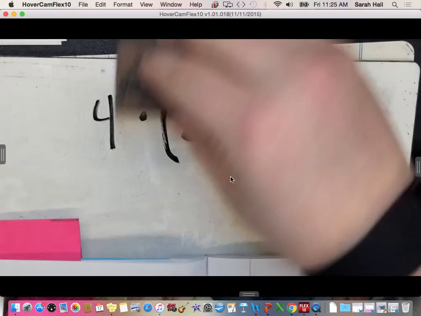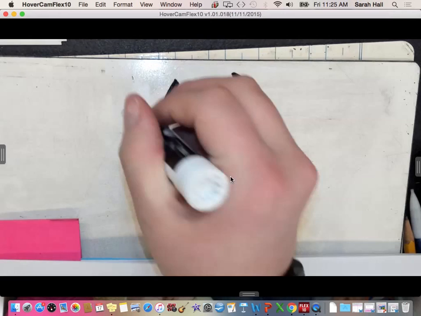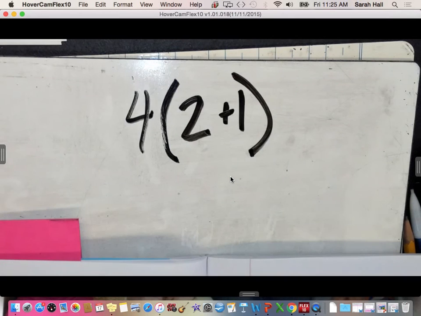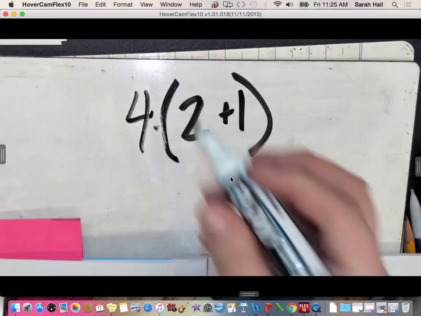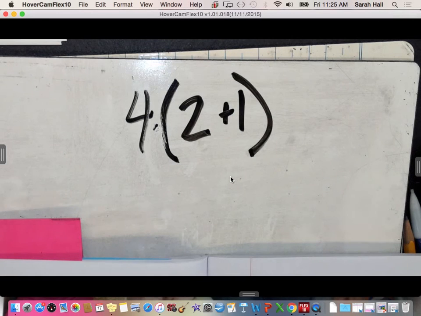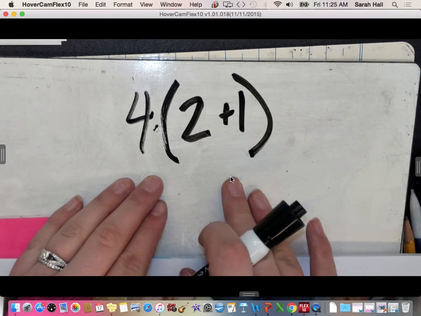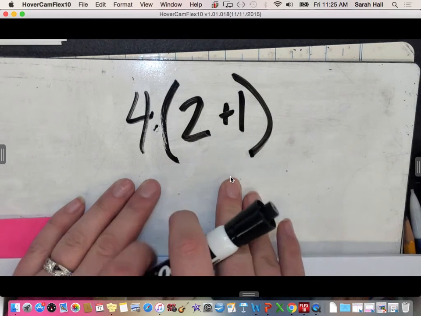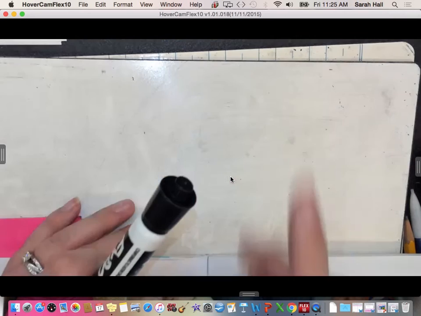Yes. What does it mean when it's right next to the parentheses? It means to multiply. So if they have 4 times parentheses, that's the same as just having the 4 there. Okay? So parentheses means what operation? Multiplication, unless they tell you otherwise.